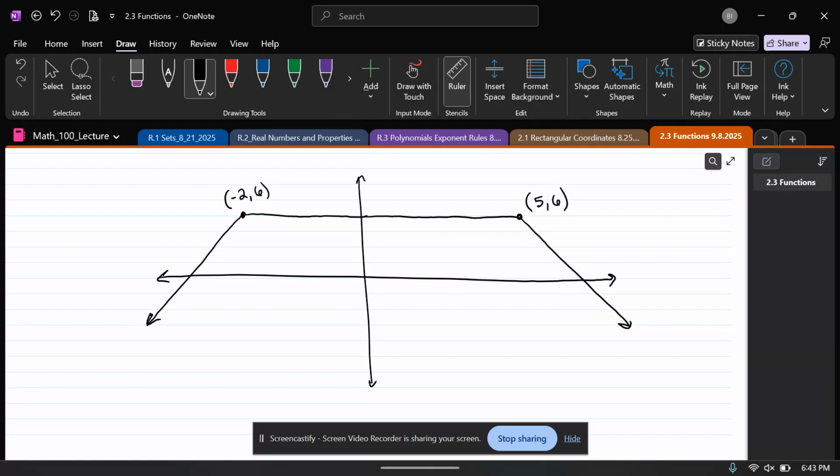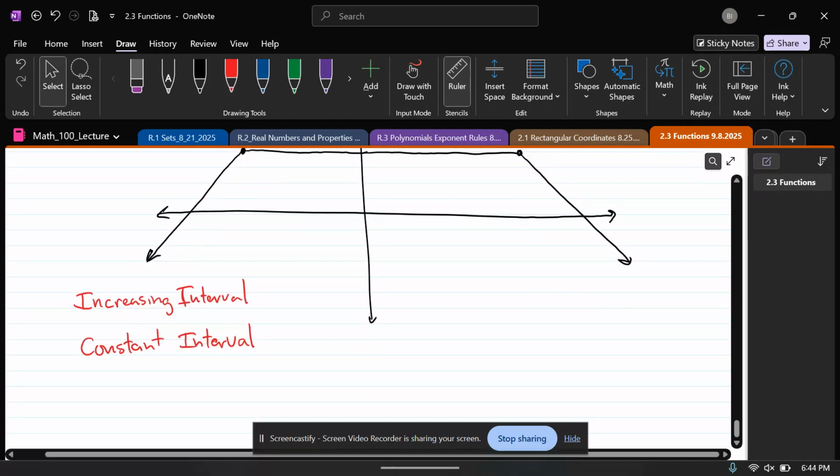We've drawn that picture, okay? In that picture, we have some intervals. We have what we call an increasing interval. We have a constant interval. And we have a decreasing interval.